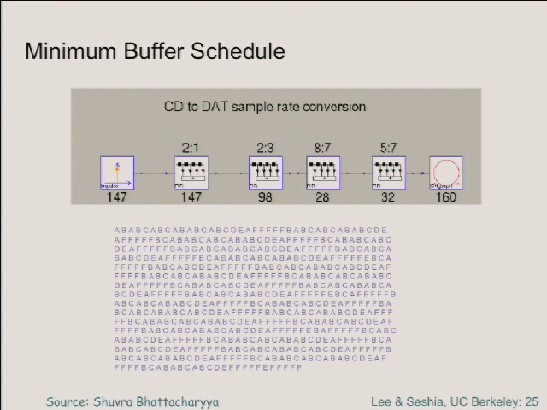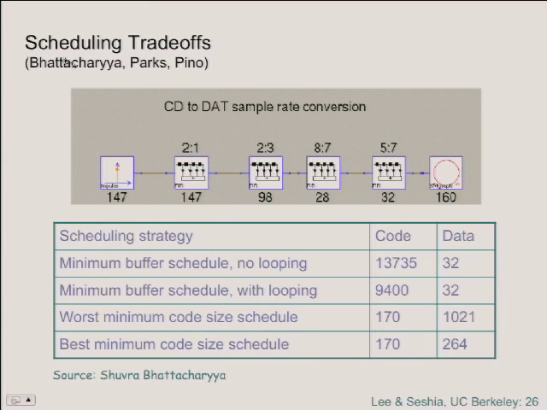If you reduce the schedule size, you can reduce the code size of your implementation, but it costs you more memory on the buffers to do that. And the best minimum memory schedule is a trade-off between code size and data size. So interesting optimization problems arise.